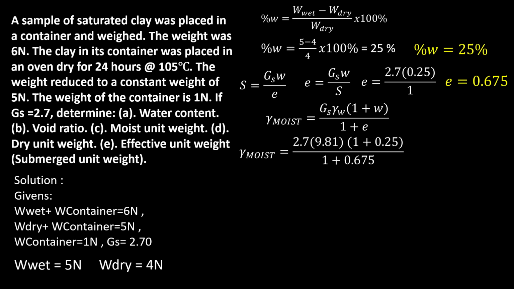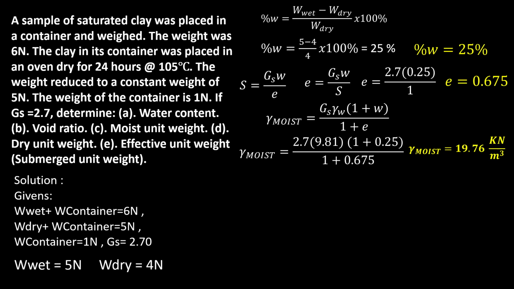Doing the substitution, moist unit weight equals 2.7 times 9.81 times 1 plus 0.25 all over 1 plus 0.675. Finally, the value for our moist unit weight is equal to 19.76 kilonewton per cubic meter.